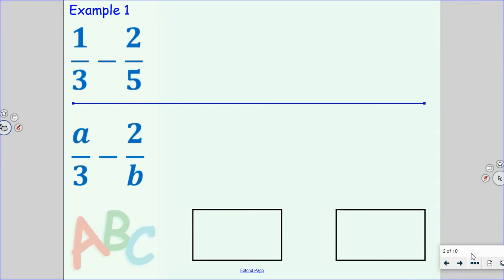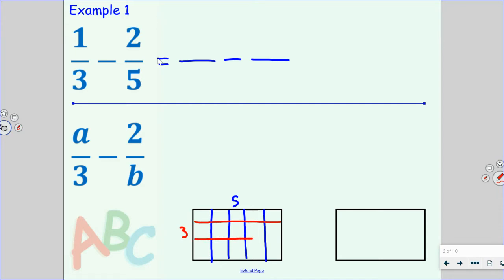So I want to take you back a few years and just talk about how these are really a similar style of problem. We've already mentioned that you cannot take away fifths when you have thirds. But if you cut them up into the same size slice, you quickly realize that both of these can be turned into 15ths.